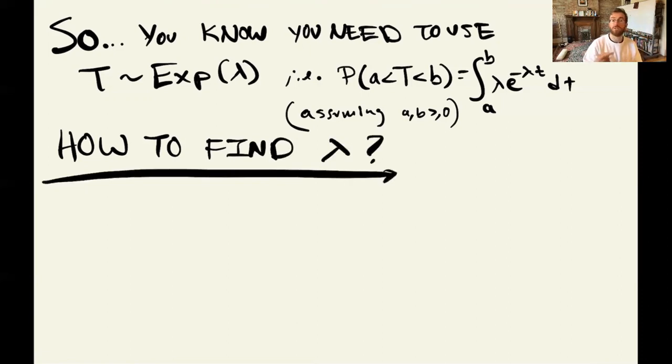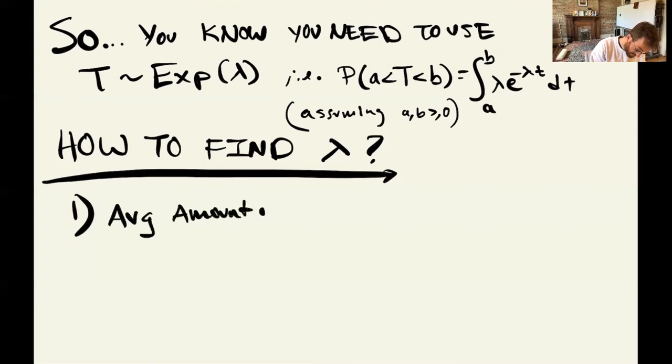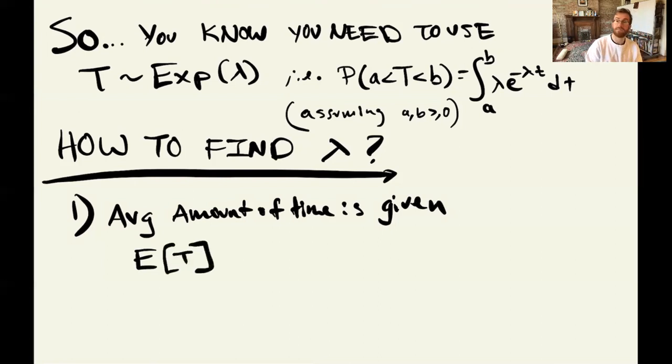That's what you're going to need to do in order to really get running with the problem. From experience, I see there are two main forms. The first form is that you're given the average amount of time. In other words, what that's telling you is the expectation of t.